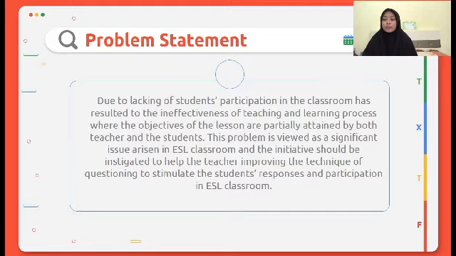And these problems are viewed as significant issues arising in ESL classroom, and an initiative should be instigated to help the teacher improve the technique of questioning to stimulate the students' responses and participation in the classroom.